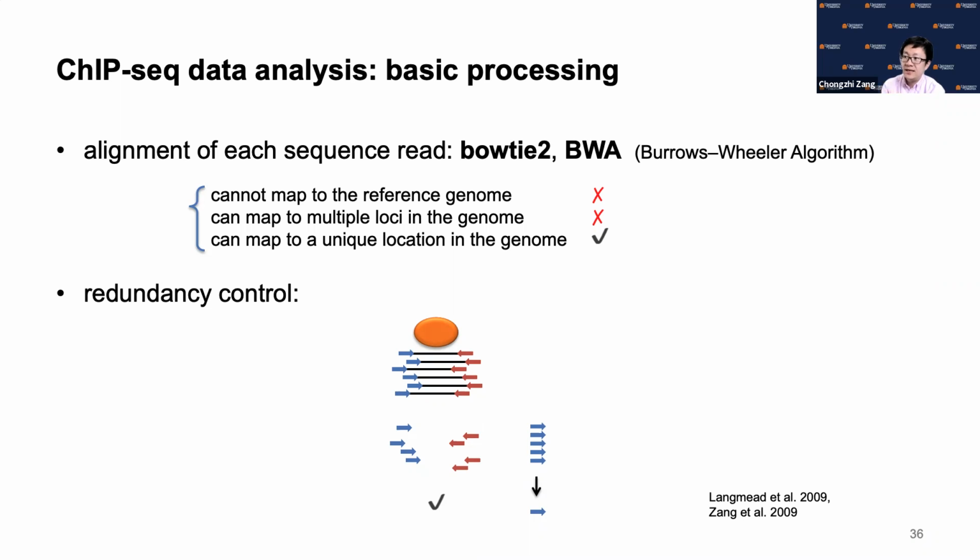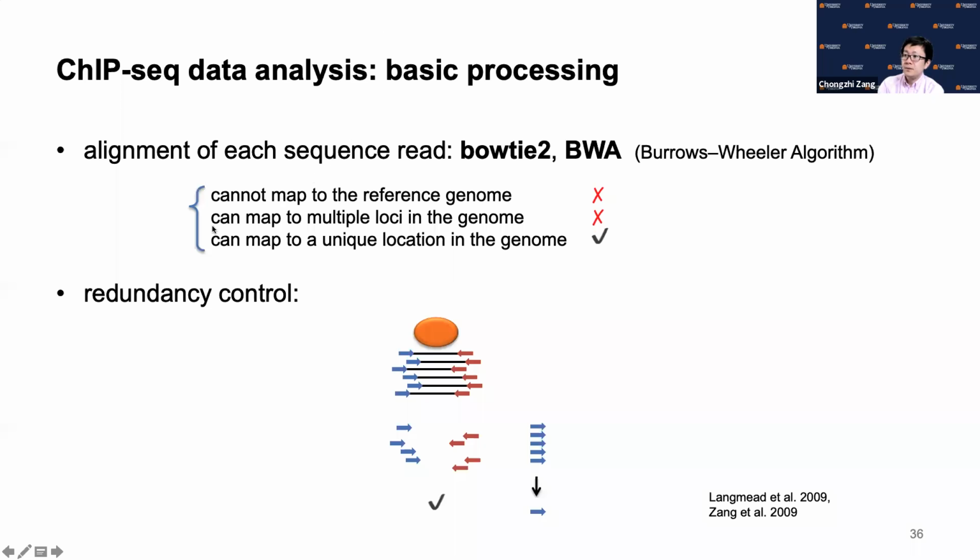But if they completely cannot map, we usually discard them. For variants that only have one or a few nucleotide differences, say a SNP site, all of these algorithms can allow a certain number of mismatches.